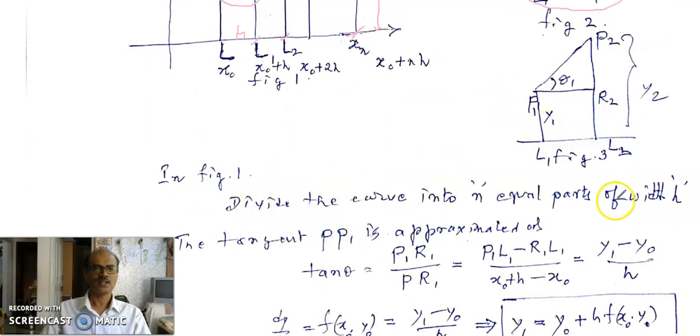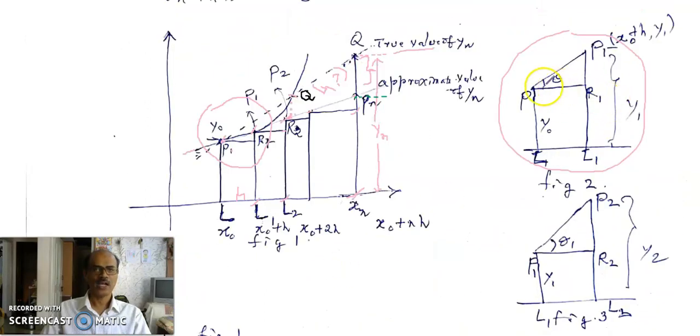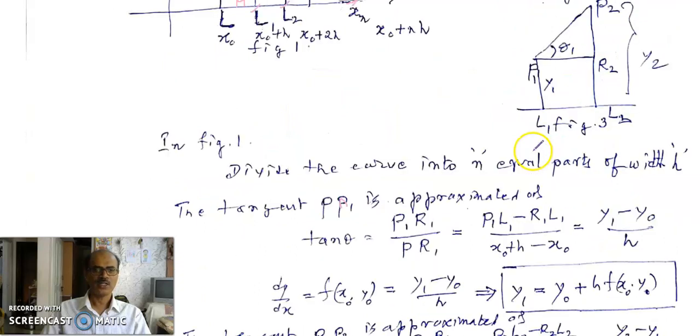Okay, so what is tan theta in this figure? This is what I already told you. We divide the curve into a number of equal parts with a width h. The tangent at P is approximated as tan theta is equal to P1 R1 divided by P R1, opposite by adjacent. So that is P1 R1 by P R1.